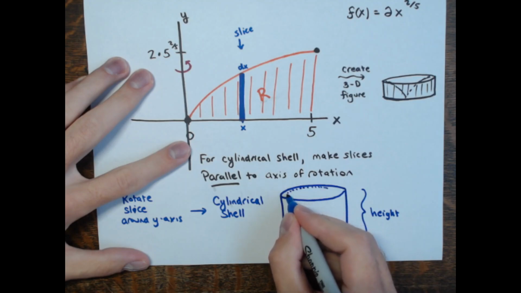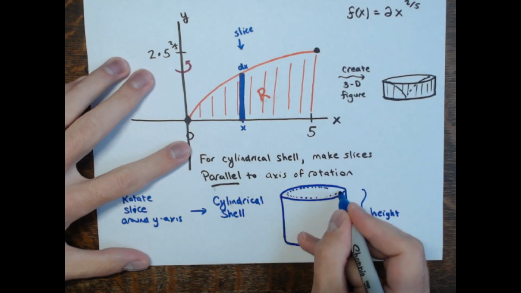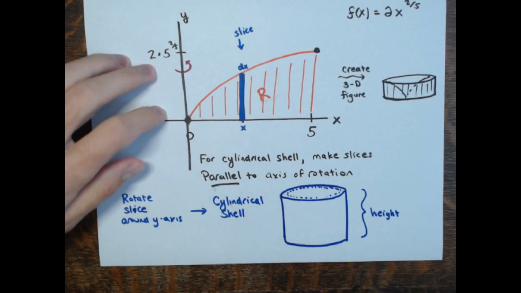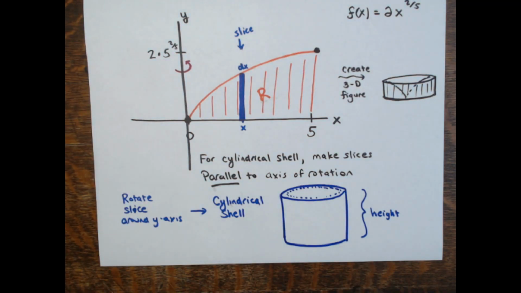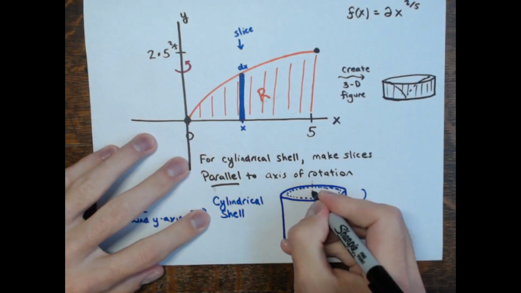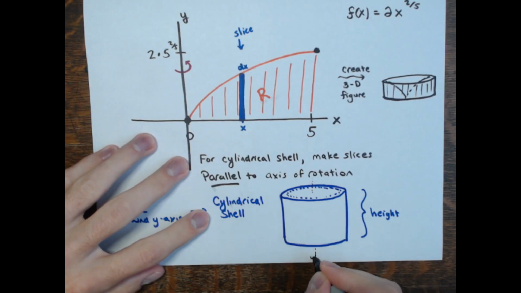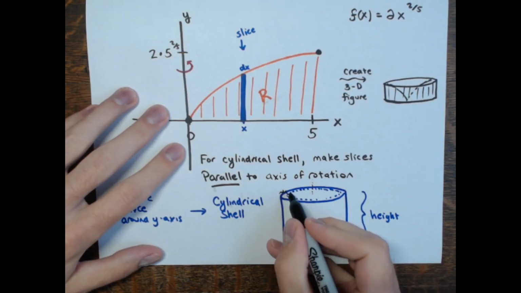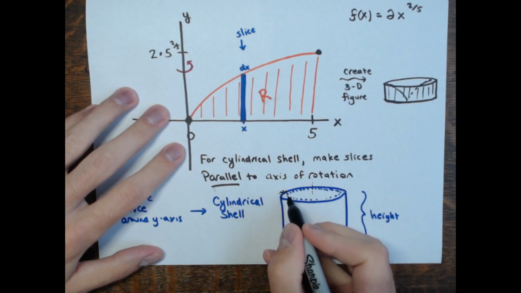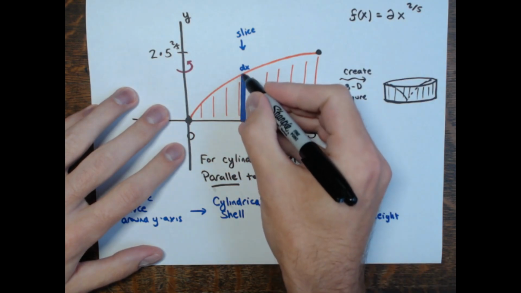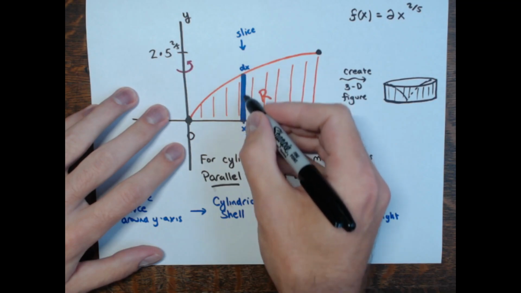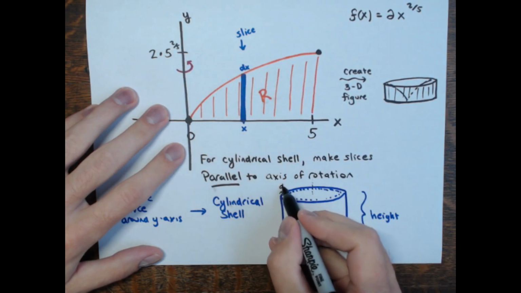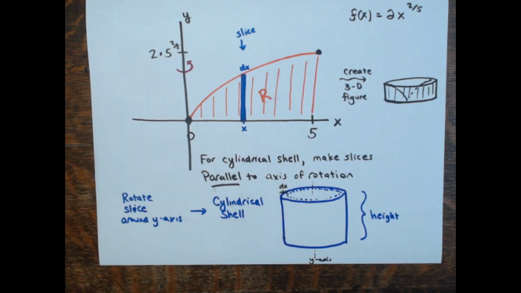So I got this little thin ring with a big gap in it. It's just a rolled up piece of paper where down the center of it is the y-axis, the axis of rotation. And the thickness of this ring is just the thickness of our piece of paper, the thickness of this rectangle slice. So thickness is dx here.